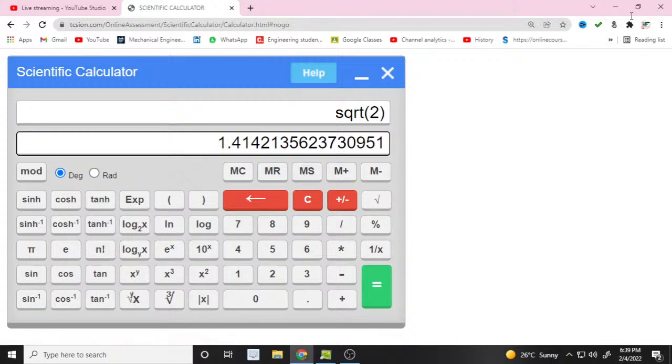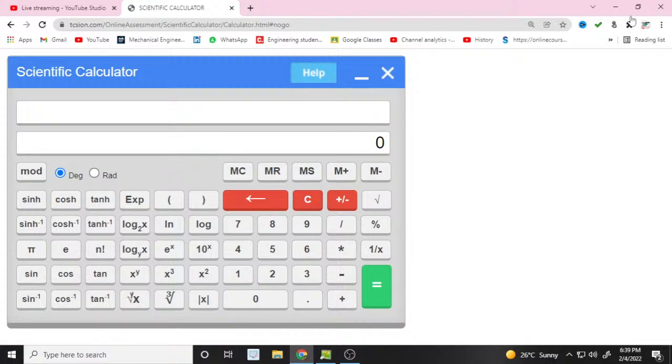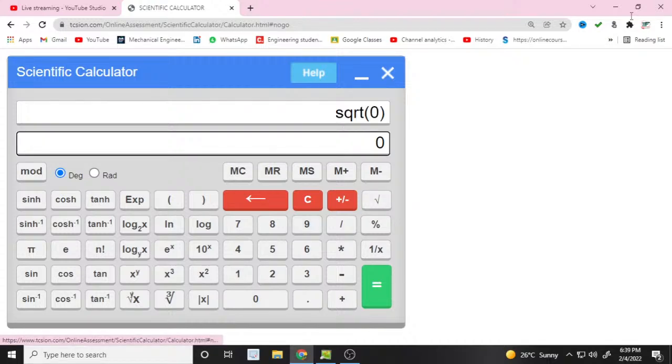And whenever you are doing any calculation, always clear the screen. You have to clear the screen before doing any operation. If you use the function first and then the number, you can see you directly get 0. So first you have to use the number and then the function. For any function, if you want to calculate sine 45, first 45 and then you use the function sine.